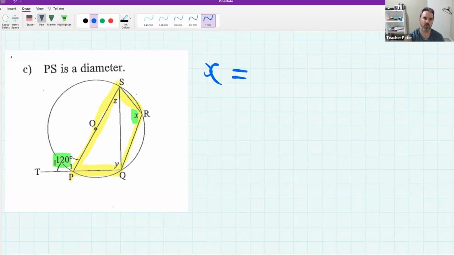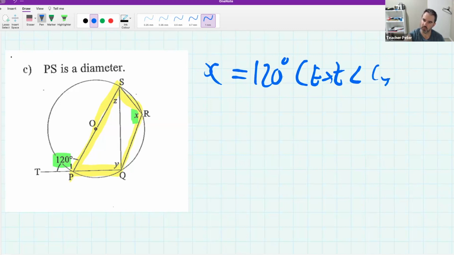And so that's the exterior angle. This is the interior opposite. This should be 120 degrees. And the reason would be exterior angle cyclic quad. Okay, so the good news is we know what X is.